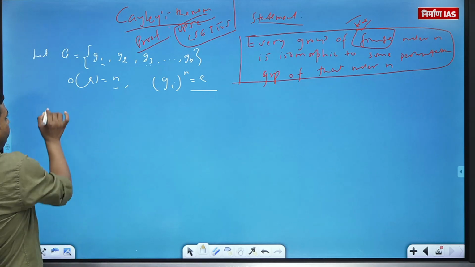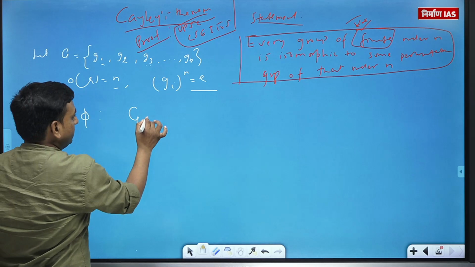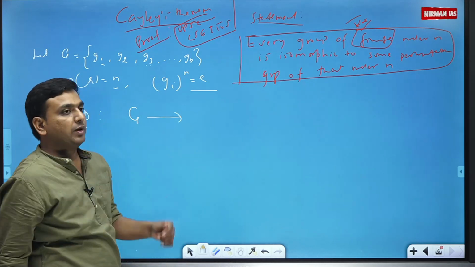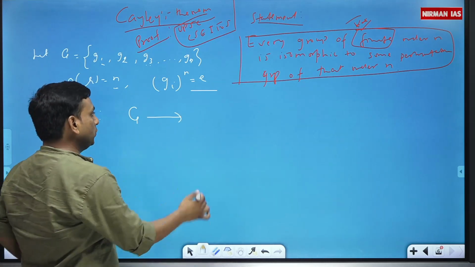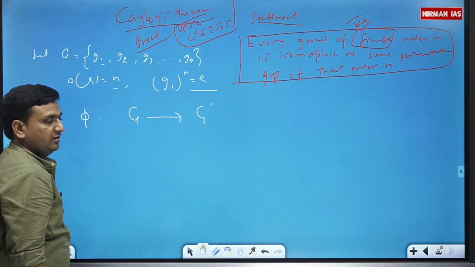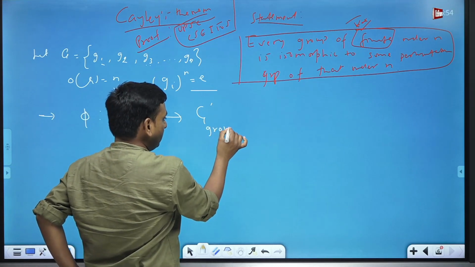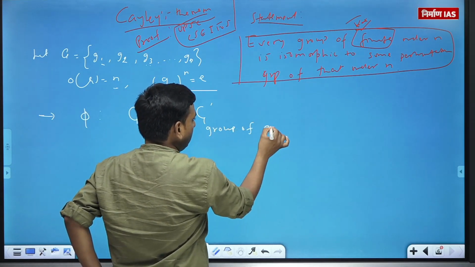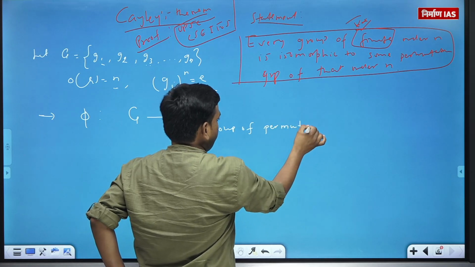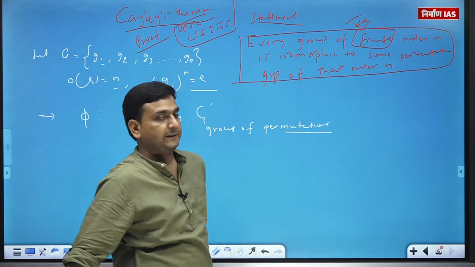Fine. Now, we want to define a map from G to some G dash, and G dash will be nothing but a group of permutations. Okay, please note it down.